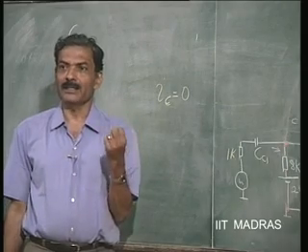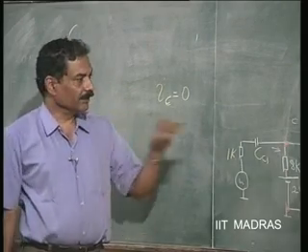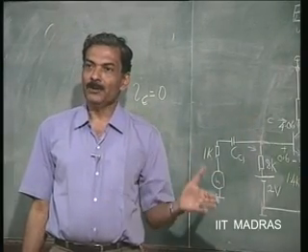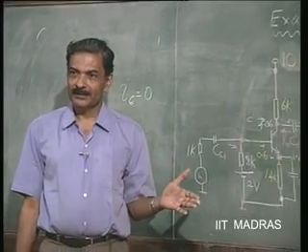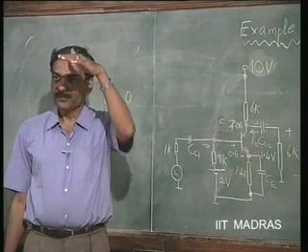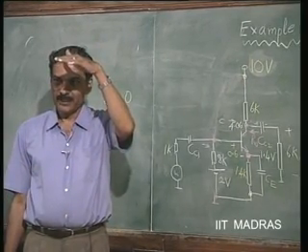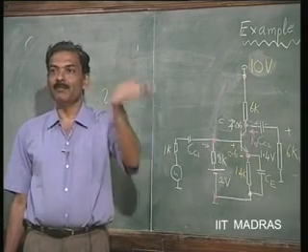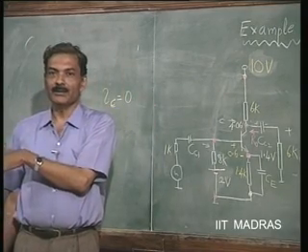This is always something that you can remember. If this is operating at 1 milliampere, obviously it can swing up to 2 milliamperes and 0 milliampere, around 1 milliampere. 1 milliampere plus 1 milliampere, 2 milliamperes, 1 milliampere minus 1 milliampere, 0 milliampere.